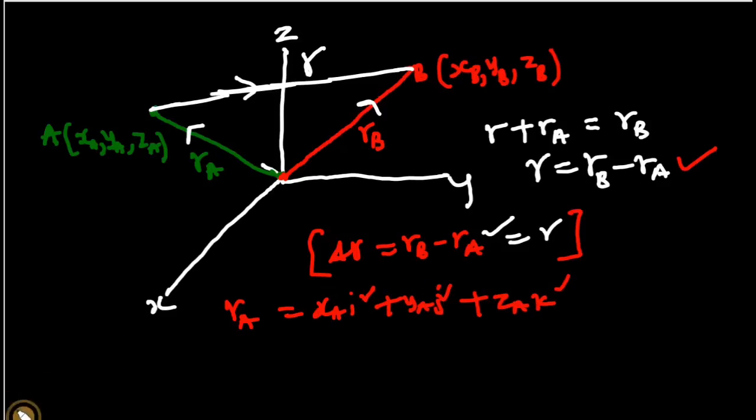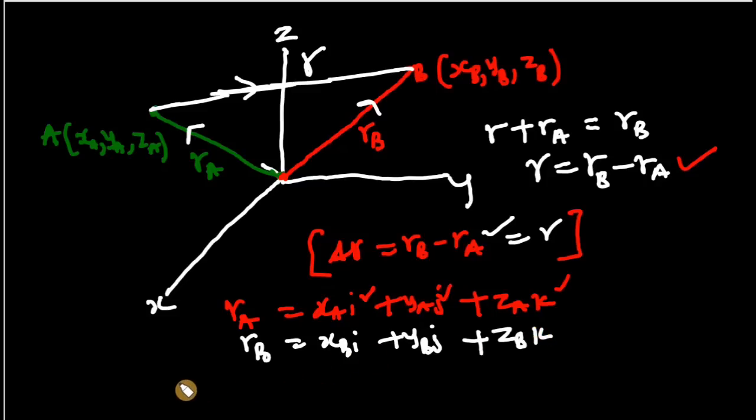Similarly, for this position RB will be XB i, okay, plus YB j plus ZB k. So to find the displacement vector, which is the change in this position vector, it will now be RB minus RA, which we have shown here.